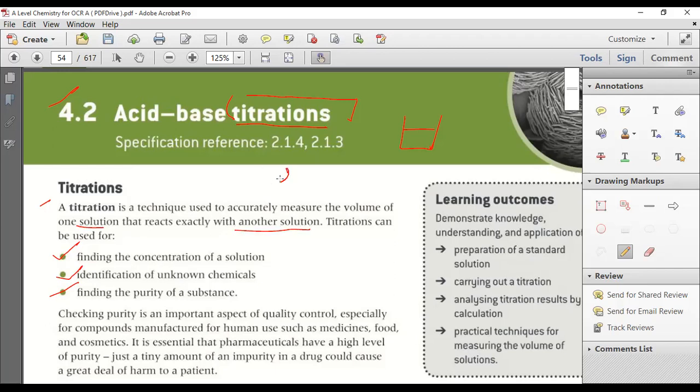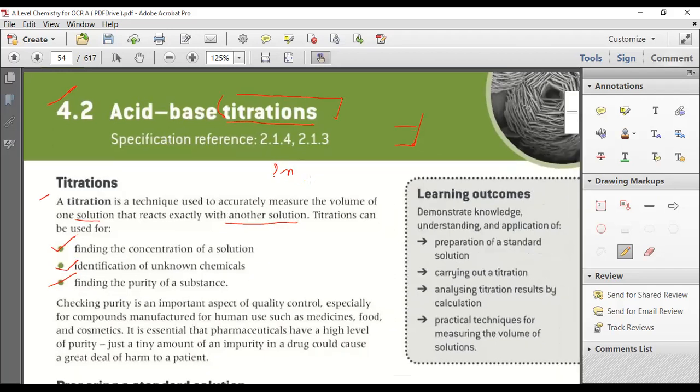Now, suppose I have 2 ml of HCl and 2 ml of NaOH. They are going to react with each other and give some sort of salt, so they will react fully. But if I have 2 ml of H2SO4 and 2 ml of NaOH, then the reaction will be a little bit different as per the stoichiometry.